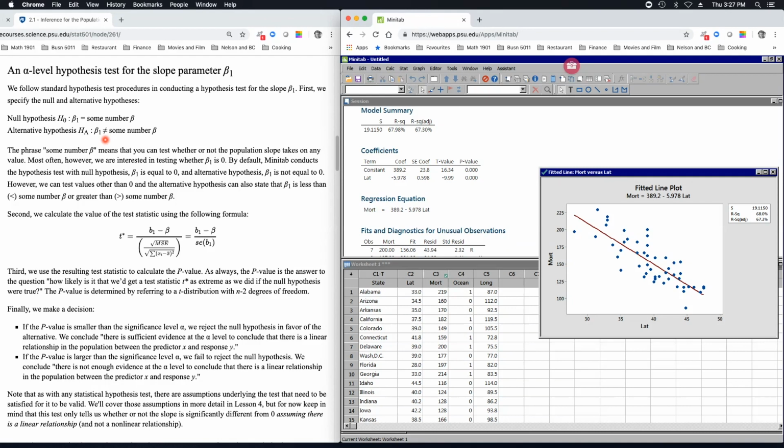If that was the case, then we might be more interested in doing a lower tail test. Then in our alternative hypothesis, we would have beta 1 less than 0.